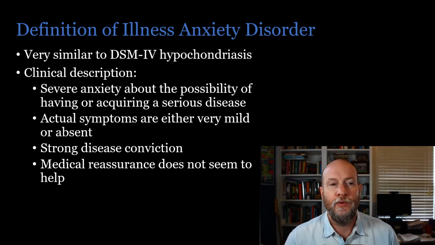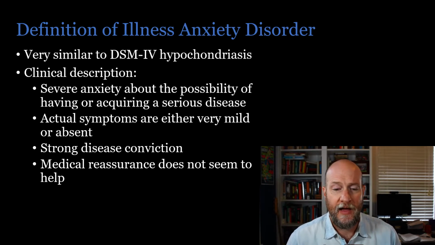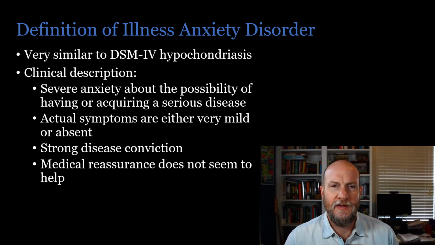And so when the person says, look, the imaging doesn't show it, well, that's because I must be in its early stages. Or they'll start to make explanations to rationalize why they still have the illness. As I mentioned a little bit at the beginning of this lecture, I think this starts to touch on what can be difficult to fully grasp about these two classes of disorder we're talking about in this lecture, and this may be true of OCD as well.